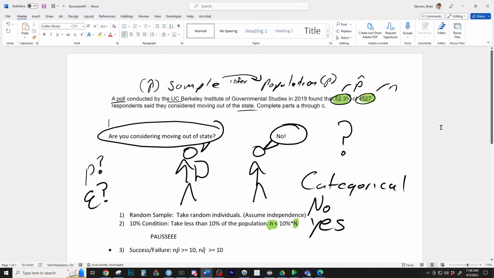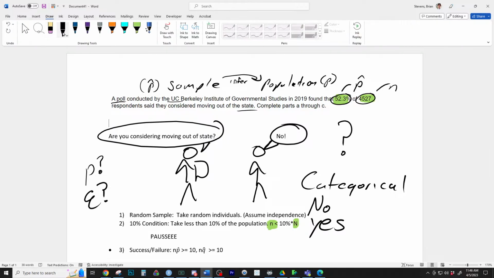One last bit of notation I do want to point out, it might not be needed for this problem, but let's point it out, is we can also find x, which is the amount of people who said that they were going to move out of the state. That's because x over n equals p hat. So what's interesting is this right here is actually the formula for x. Look at the algebra right here.